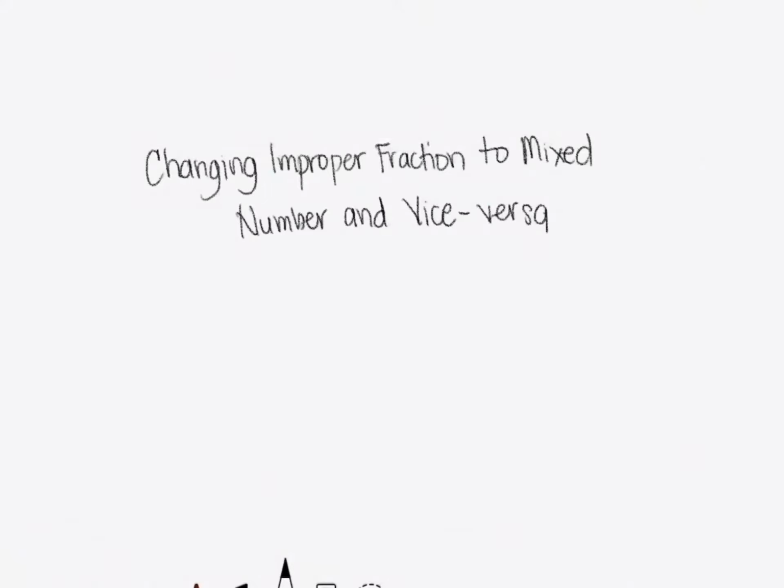So, improper fraction, these are the fractions that have numerator greater than the denominator. So, for example, 9 over 2, 5 over 3, 7 over 4. So, these are the improper fractions. Since mas malaki yung numerator sa denominator.